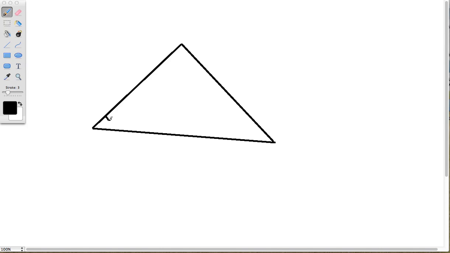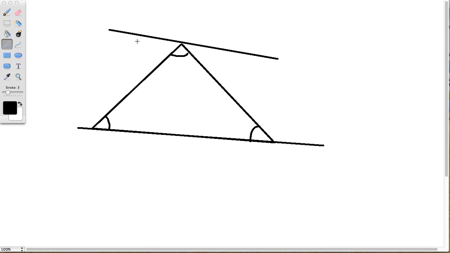So we make a triangle. Okay, so we're going to make some angles. See how the triangle is called a triangle, it's just three angles. We're going to make two parallel lines.